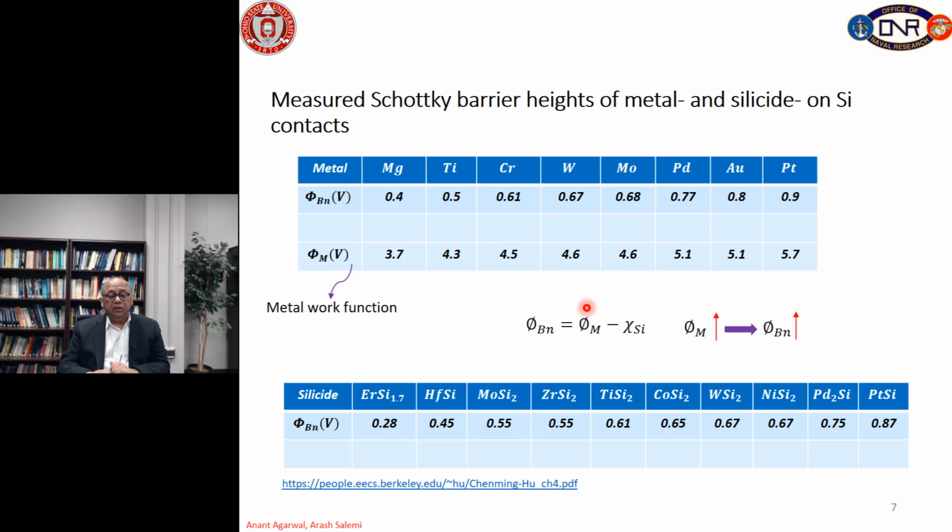Then we can choose different metals or we can choose different compounds of metal and silicon such as silicides, and each has a different work function, therefore, a different barrier height which controls the IV characteristics of these diodes.